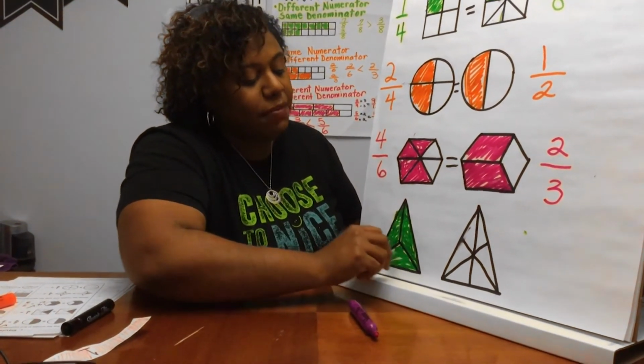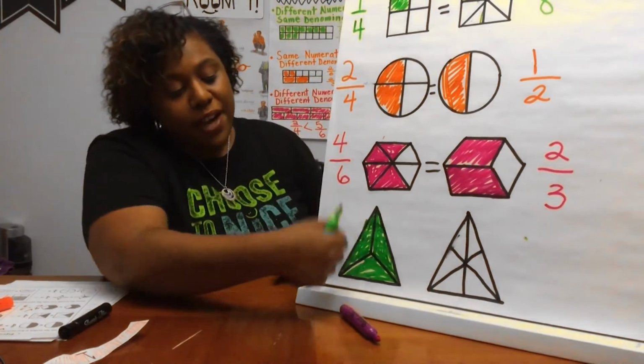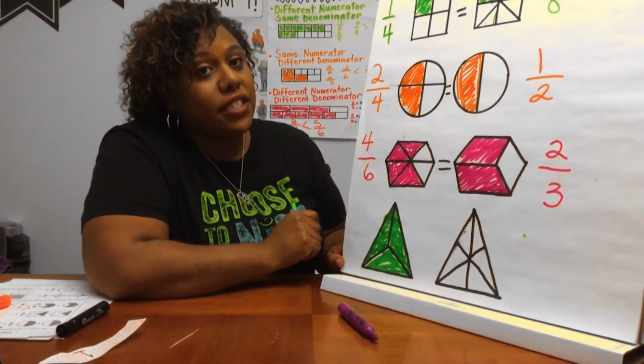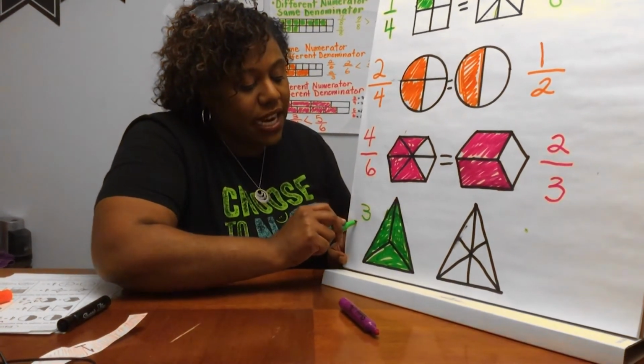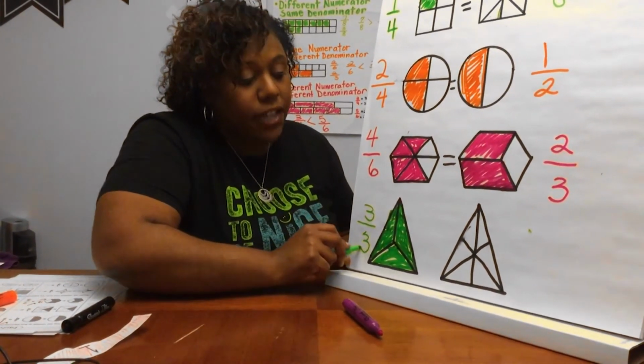It's like a spaceship, doesn't it? Alrighty, how many parts do I have and how many parts are shaded in? Okay, so very good. There are 3 parts shaded in and there are 3 parts total.